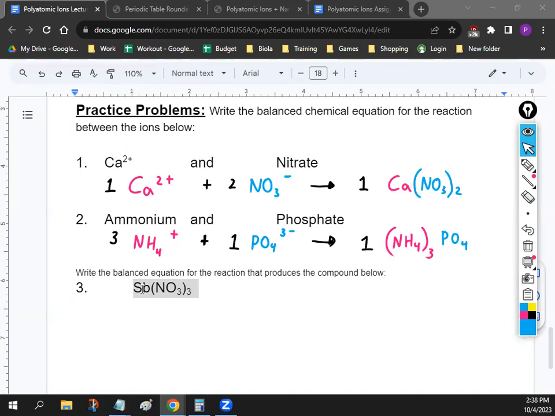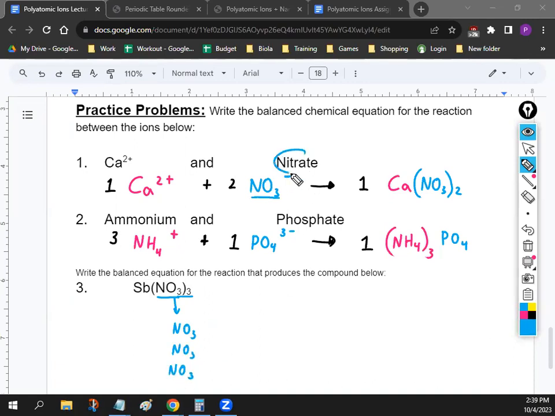All right, so here we have this chemical right here, and we need to figure out what it breaks down into. So if you take a look at this formula, you're going to see that this thing contains nitrate, right? NO3. We learned about this a second ago. Now, if you take a look at this, there are 3 nitrates. So this chemical breaks down into 3 separate nitrates.